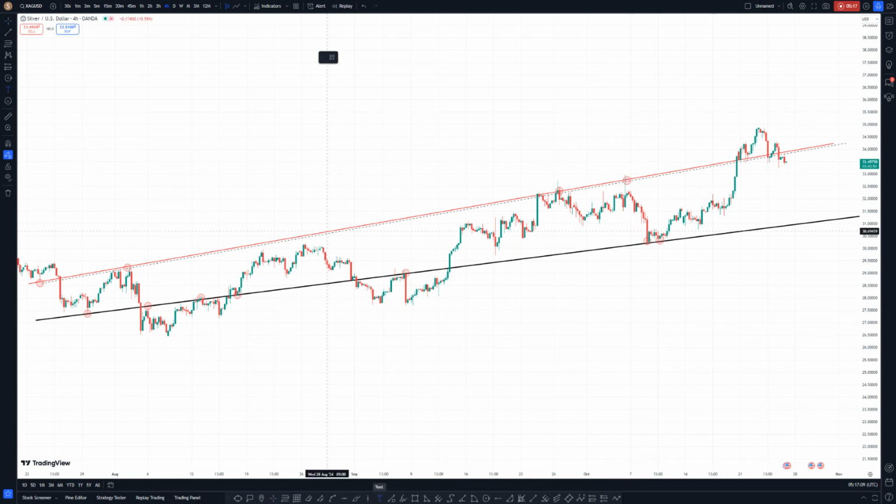We have here supply roof and demand floor. So this is our demand floor. This is our supply roof.